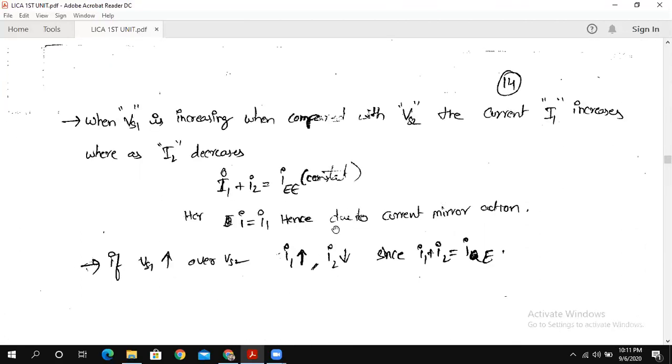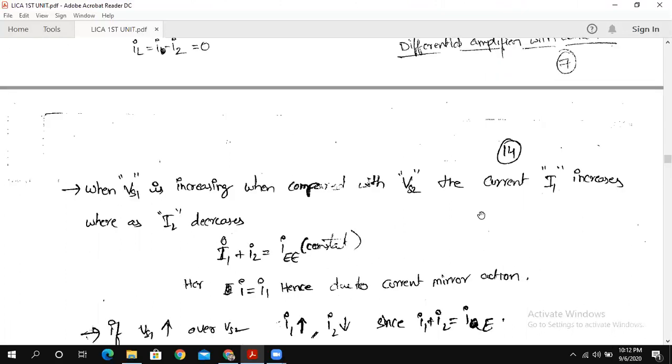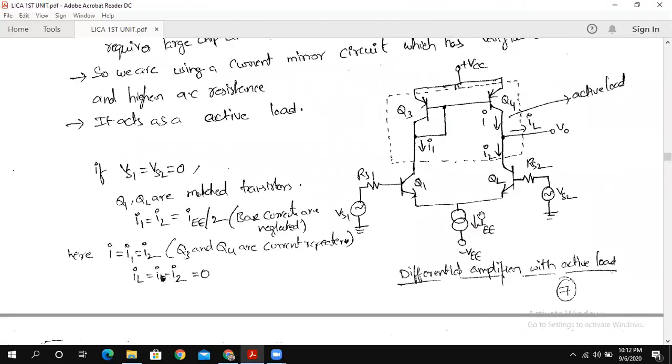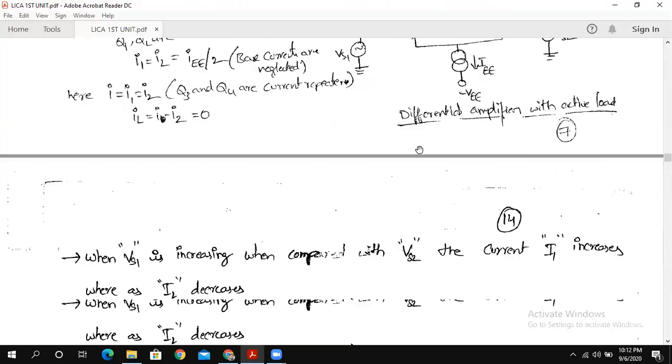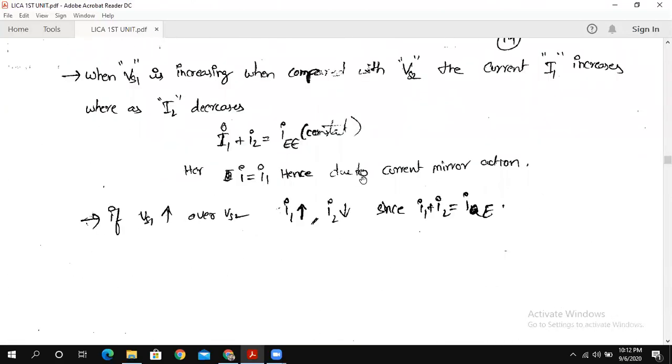So here you can see that I is equal to I1 due to the current mirror action. As we know in a current mirror, the entering current is equal to the leaving current. So I is equal to I1. So if Vs1 increases, I1 increases and I2 decreases, since I1 plus I2 is equal to IE.